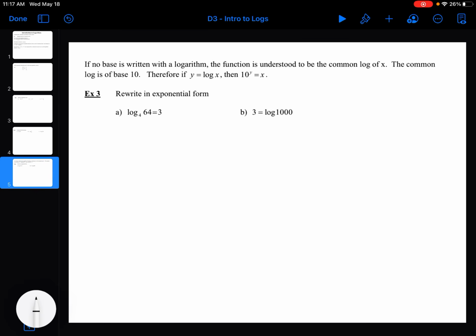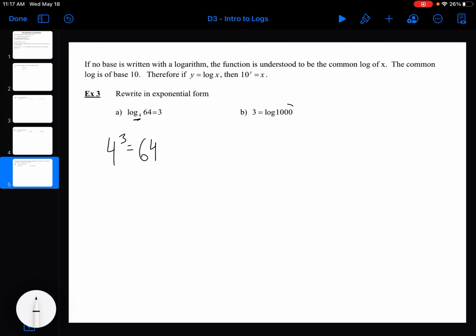Okay, last ones here are just some information. If you look at your calculator, some calculators have the option to have a different base, but most of them just say log. Now, the first one says 4 to the exponent 3 equals 64, so there's a base written there.